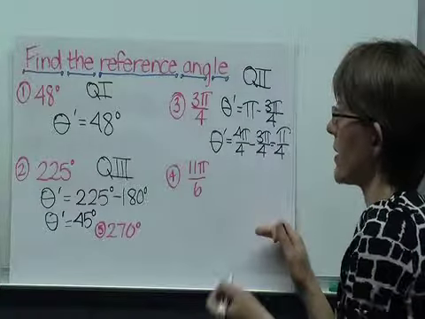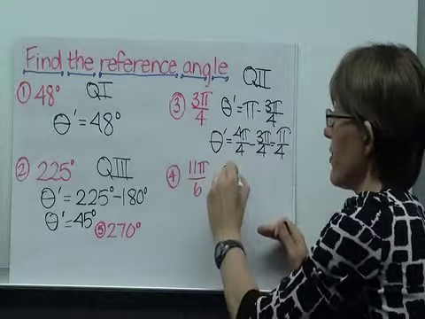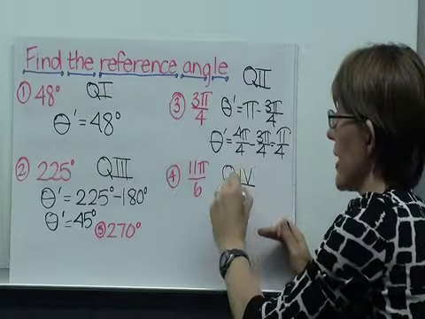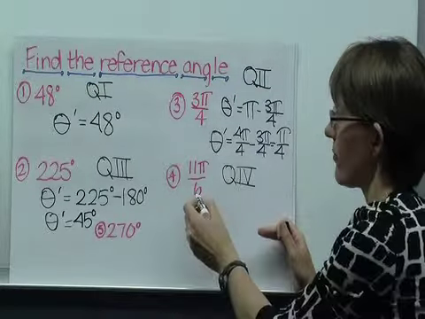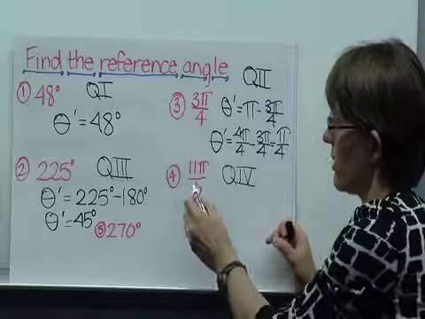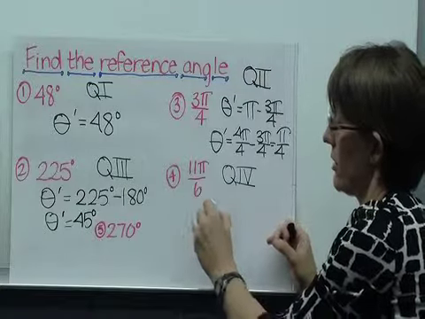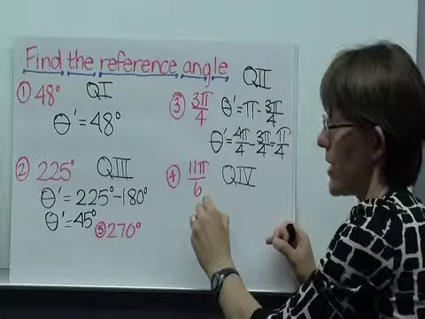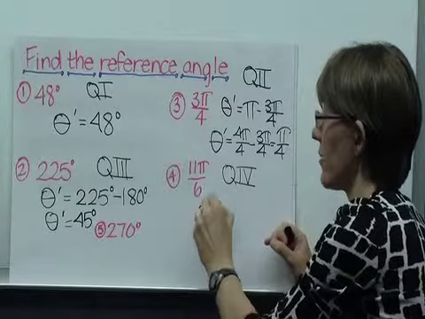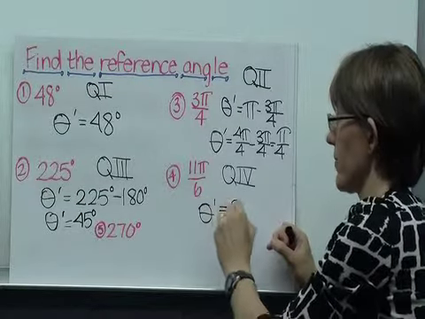And finally, 11 pi over 6 is a quadrant 4 angle. And so I have 360 degrees, or 2 pi, that I'm going to subtract from.